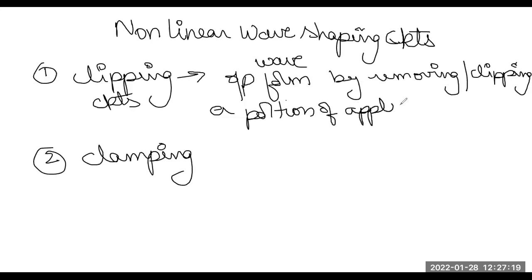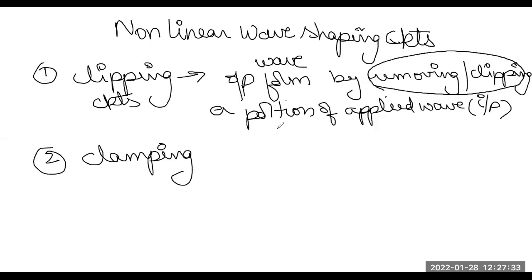What do I mean by applied wave? I mean by applied wave nothing but the input. So whatever the input waveform you are applying, it is going to remove a portion of it, and such a type of wave shaping circuit, we call it a clipping circuit.